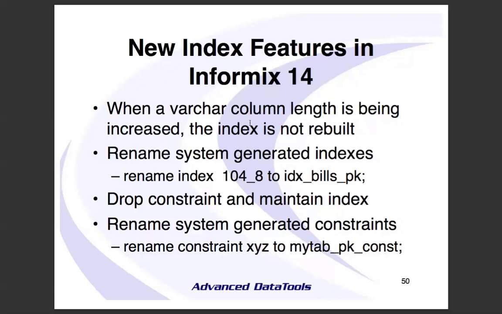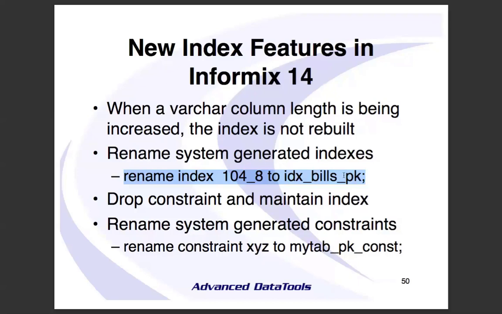It makes a lot of your column changes much quicker in version 14. The second one is you can now rename system-generated indexes, and I think this is very cool. So you can rename an index that has a space in front of it to something with a real name. Now, when you do that, that makes it a separate standalone index. And now you can drop the constraint and the index will stay there. You can also rename the constraint to whatever you want it to be.